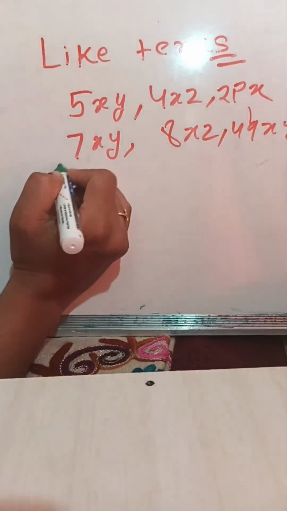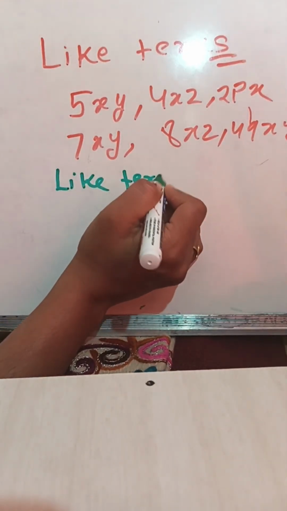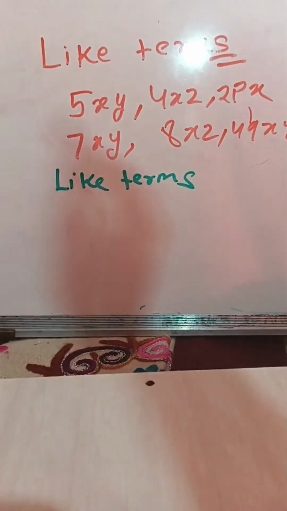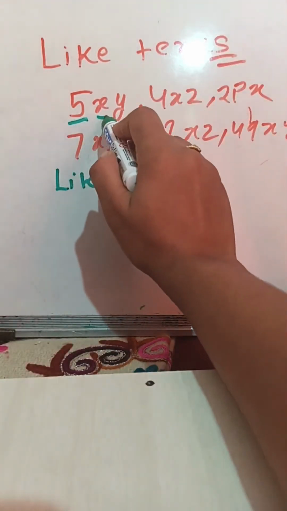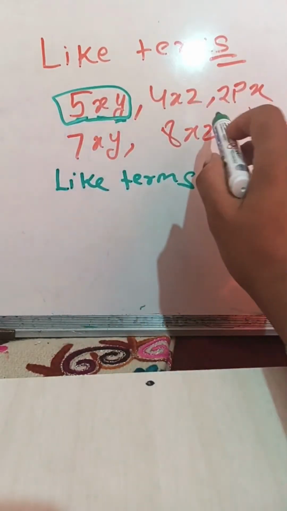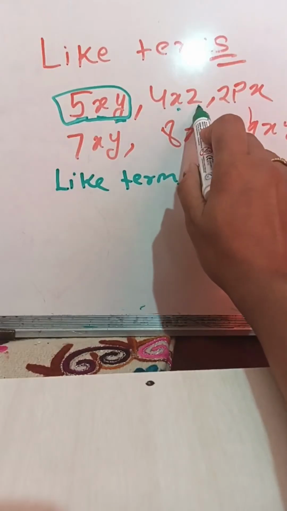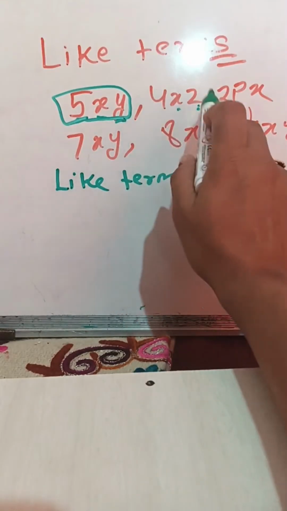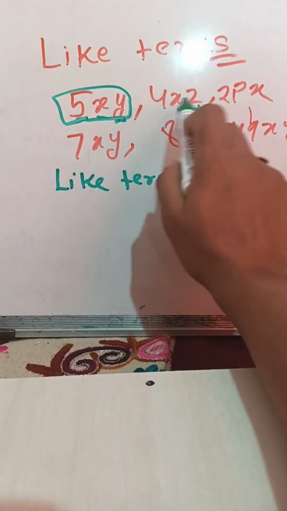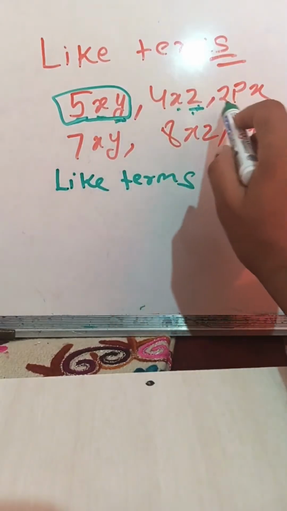First is 5xy. Then go with the second, 4xz. Here we have a y and here a z, so it's not a like term. It doesn't have common factors. All factors should be common.